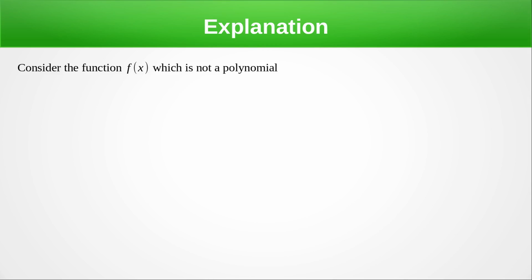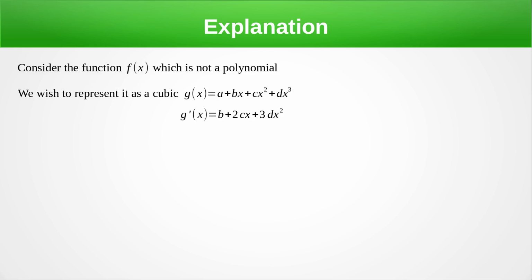Okay, so where does that formula come from? Well, considering we've got a function f of x which is not a polynomial and we want to represent it as a cubic. Now this idea we can expand to be an infinite series, but we're just going to look at a cubic at the moment. We can differentiate that cubic to get this function, differentiate again to get this one, and differentiate a third time to get this one.